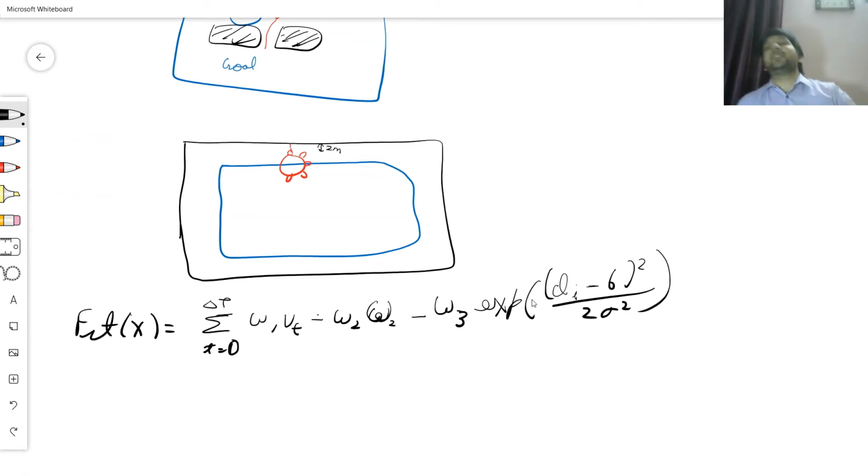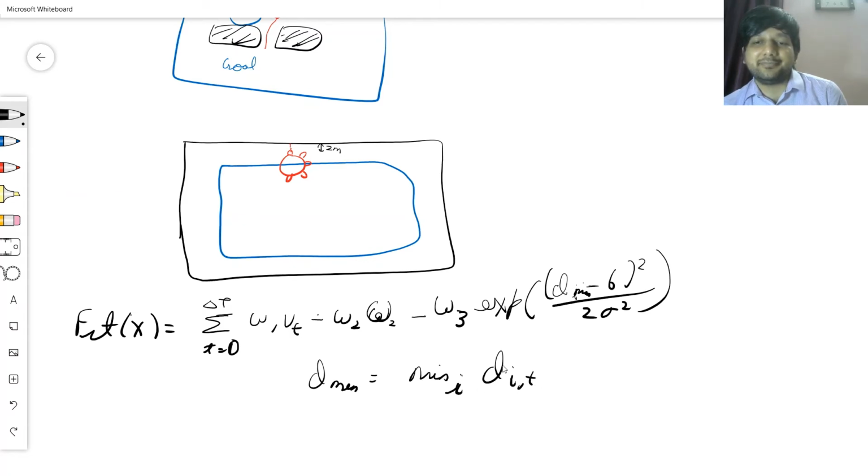So I want to reduce the penalty, so it's minus, and let's say this is d min, so I want it from this one, so I say d min is equal to minimum over i of di t. So that's a very similar fitness function.